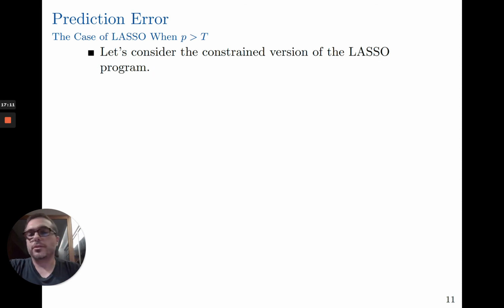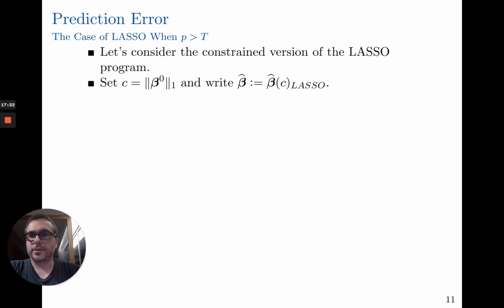Now let's move to the lasso, and now p is larger than T. Let's consider the constrained version of the lasso. In this case, we are going to set the threshold to be exactly equal to the L1 norm of the true parameter, beta naught. So this is the optimal solution, because it's exactly the right amount of shrinkage that we have to include in order to make beta naught feasible for the lasso program.